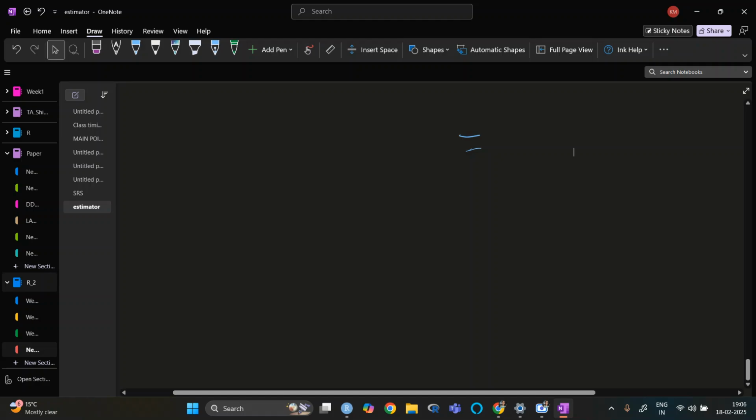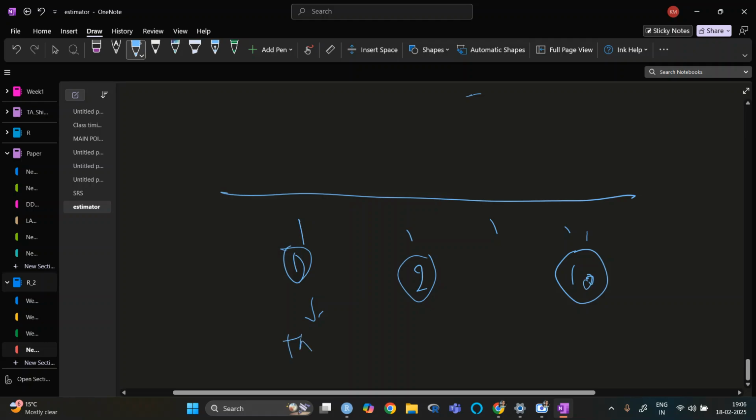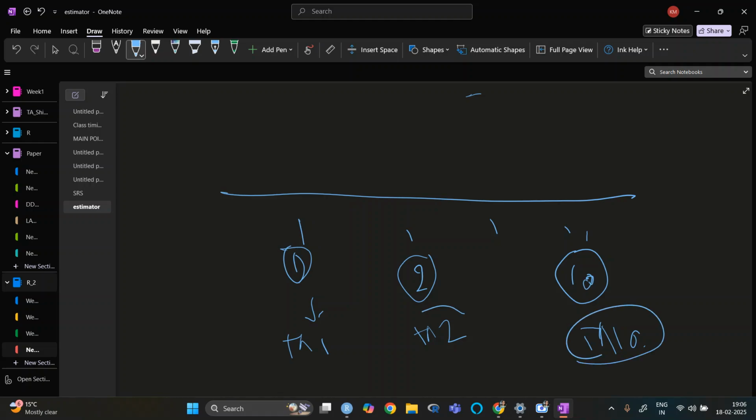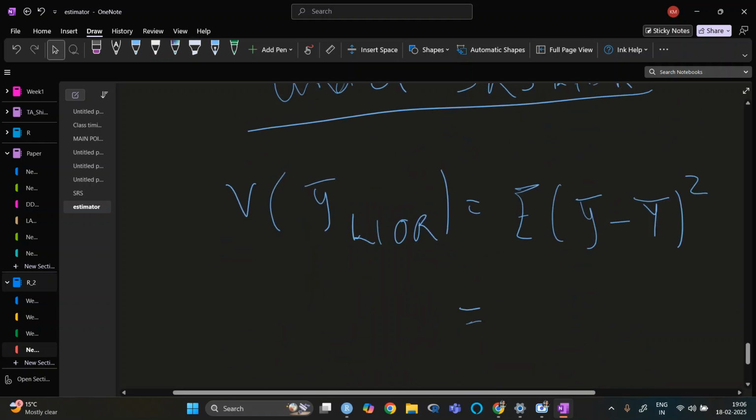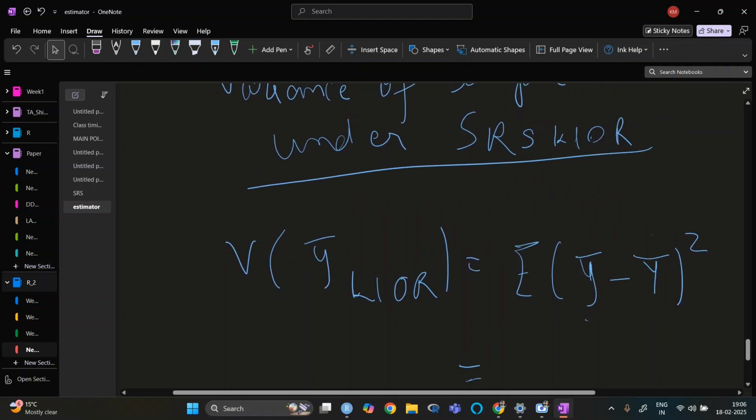Let's say I have a population, and I have taken 10 samples out of it. So 1, 2, 3 up to 10 samples, and each one has a mean: m1, m2, up to m10. The mean of it will be subtracted from the population mean. This is for, say, 10 samples or 20 samples, so we have the variance of sample means.